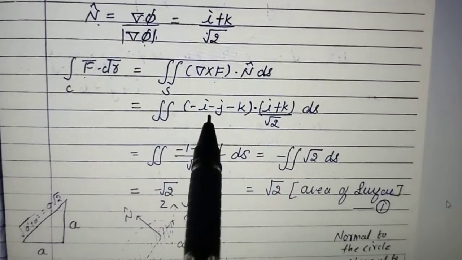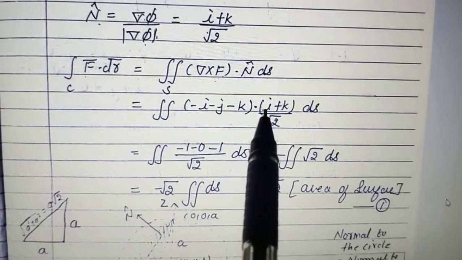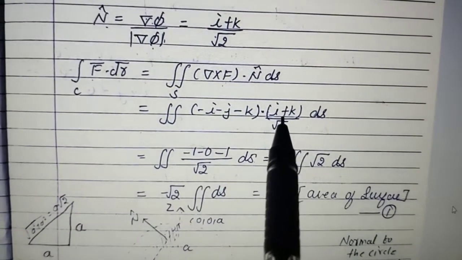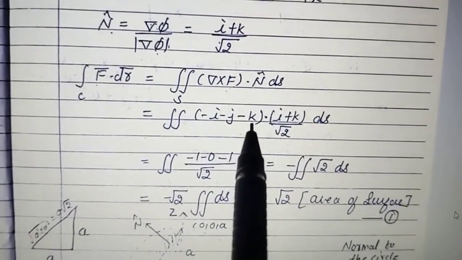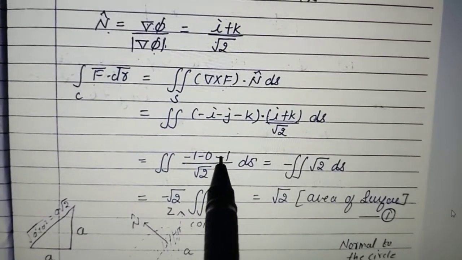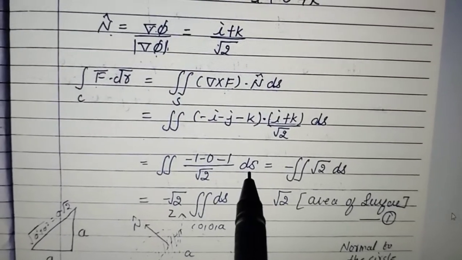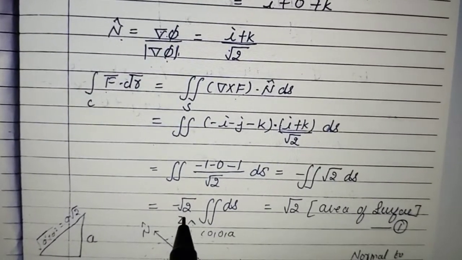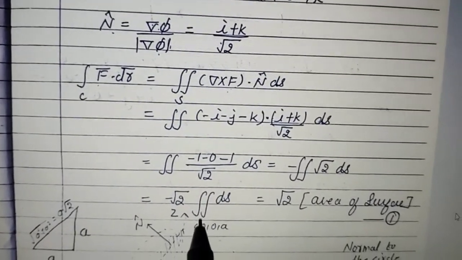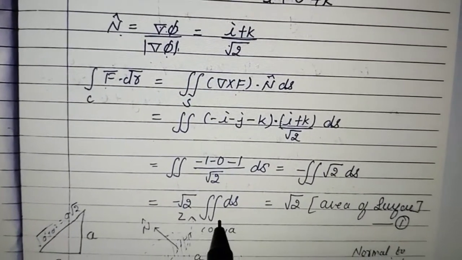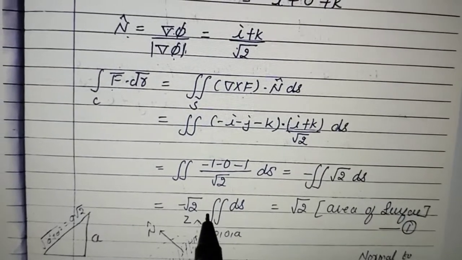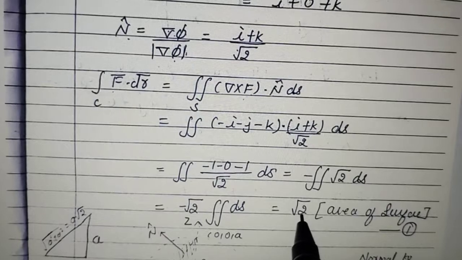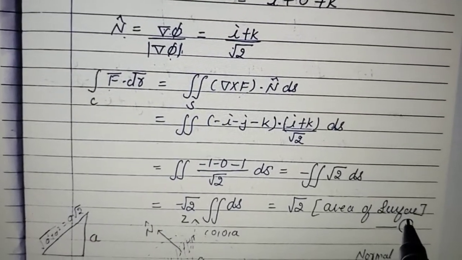So i dot i is 1, then it will be minus 1. j is not here, so this will be 0, minus k dot k, minus 1, upon root 2 ds. Root 2 is constant, so we put it outside of the integration: minus root 2 double integration ds. This is the area of the surface.